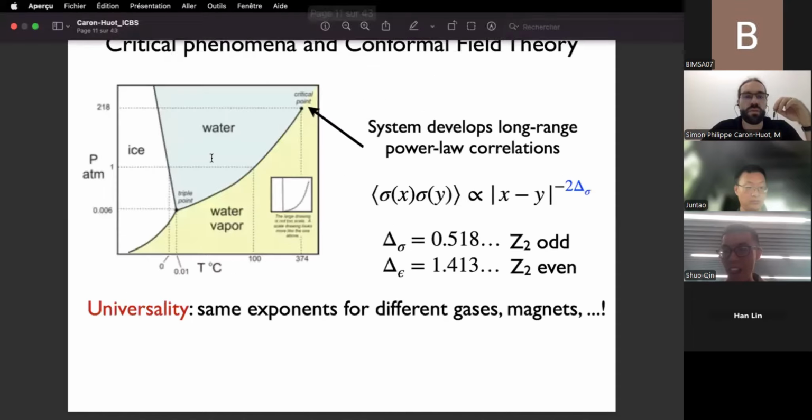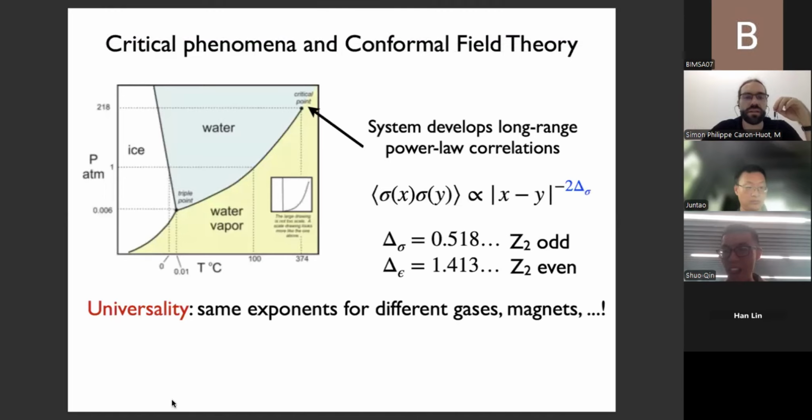To elaborate on this example in statistical physics, if you take a familiar system like water, if you boil it under very special circumstances of high temperature and pressure, so that you're close to this critical point, this is the point where basically vapor becomes so dense that it's almost indistinguishable from water.